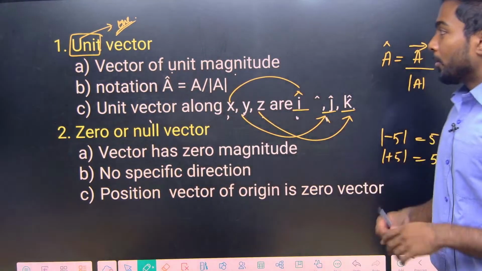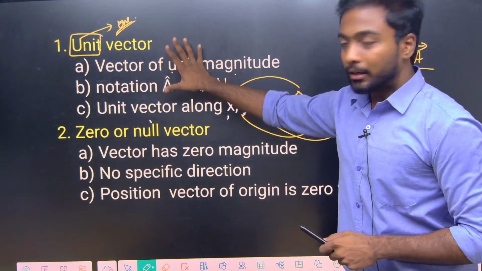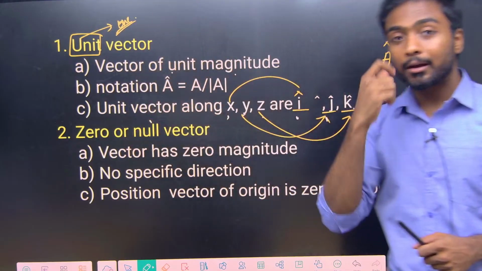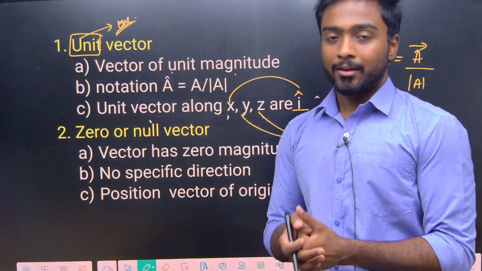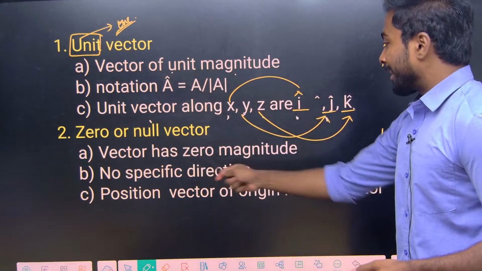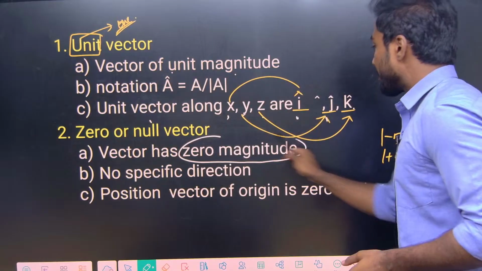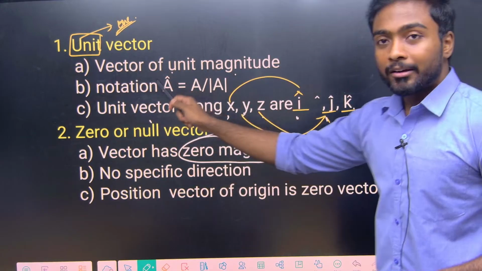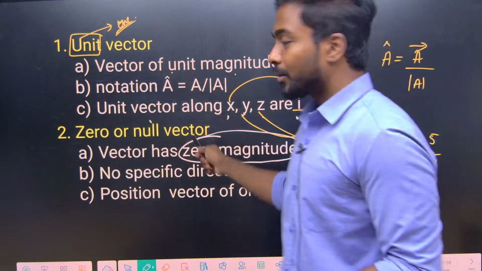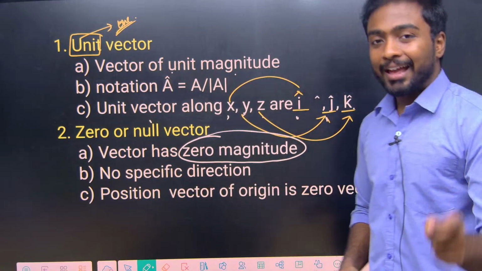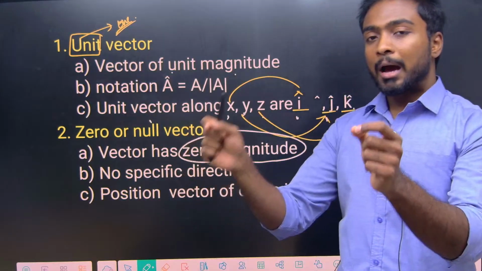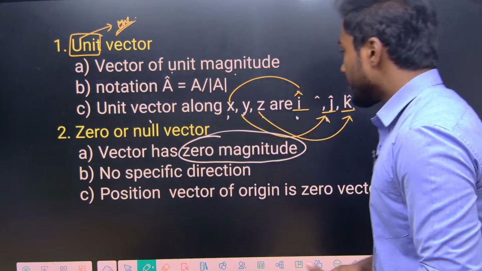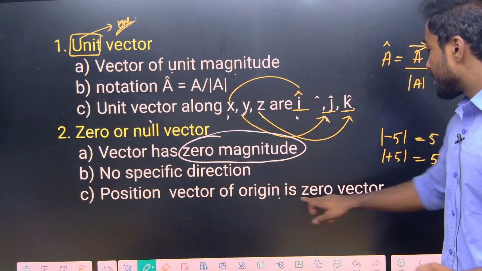Okay, now we have completed the unit vector. The next one is the zero vector or null vector. Sir, is there a zero for a vector too? Yes, a vector with zero magnitude is called a zero vector or null vector. It has no specific direction, just a point in space. The position vector of the origin is a zero vector.